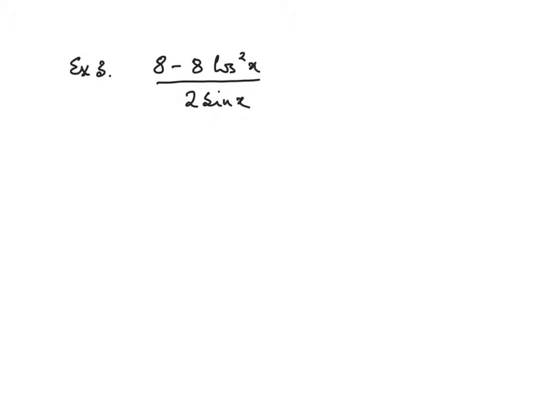Example 3. I'm going to take out 8 as a common factor from both terms on the top line.